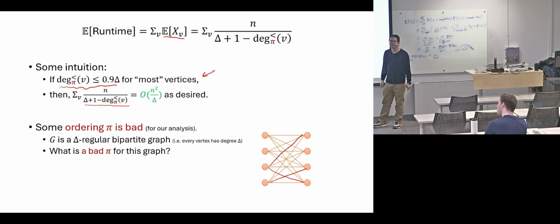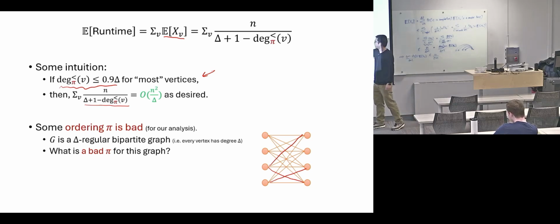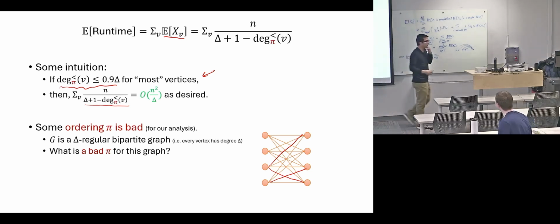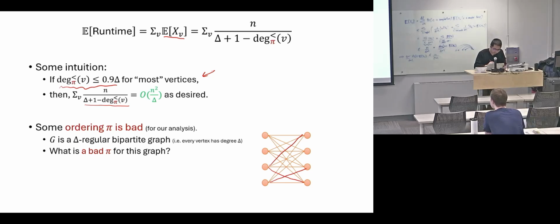Wouldn't that kind of even out with the fact that the ones on the left side don't have any previous neighbors? So the ones on the right are really bad, but the ones on the left are really good. Yeah, it's true that for all of these, the degree before is 0. However, for half of the nodes, you're going to spend basically n for the right vertices, and for half of the nodes, you're going to spend this for the left vertices.